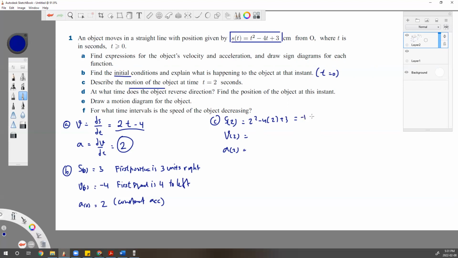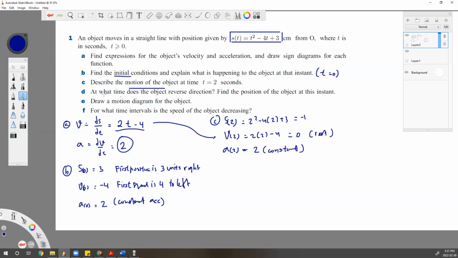Interpret negative 1: 1 to the left. v2: 2 times 2 minus 4, which is 0. So it is resting for a while at t equals 2. It stopped for a while, and a2 is still 2 because it remains the same, constant.